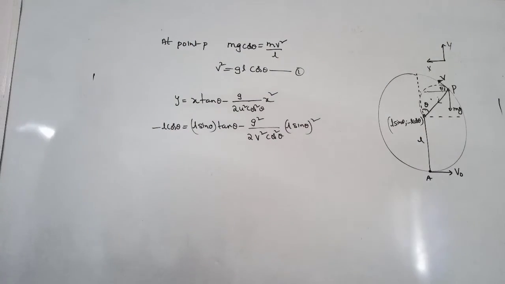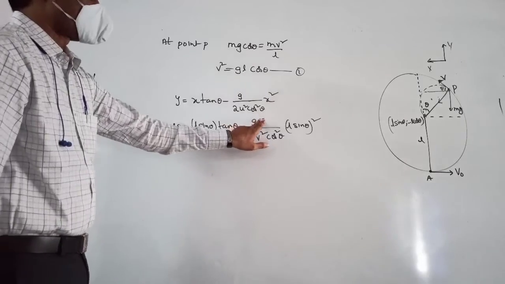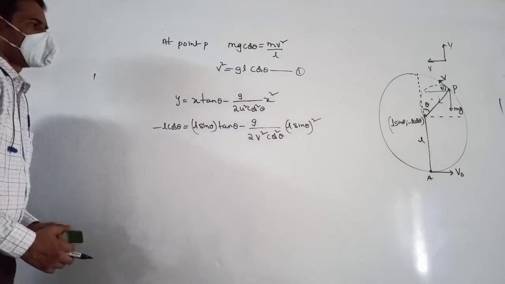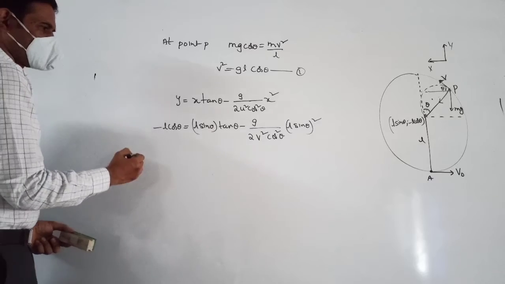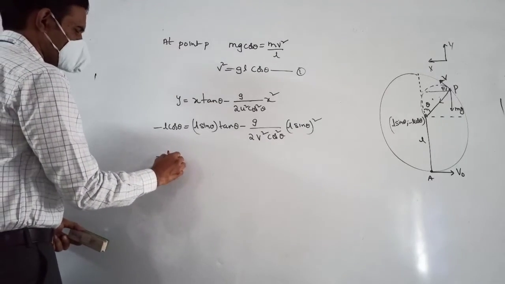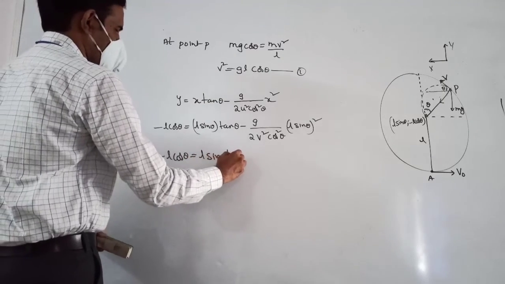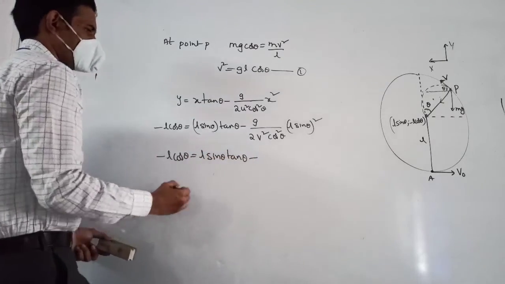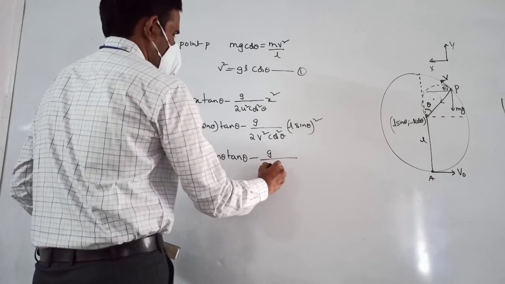Now we can substitute this v square value by using that equation and simplify. So this is minus L cos theta equals L sin theta into tan theta minus g by 2 gL cos theta into cos square theta, into L square sin square theta.